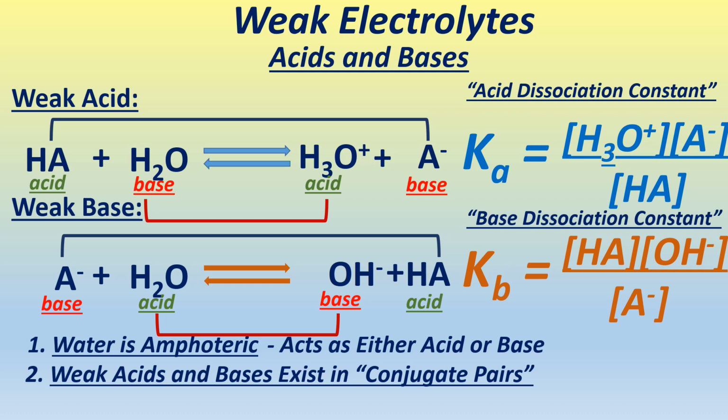Second important thing to note, therefore, is that weak acids and bases exist in what are called conjugate pairs. If something is a weak acid on the left-hand side of the reaction, it will turn into a weak base on the right, and vice versa. If it's a weak base on the left, it turns into the conjugate weak acid on the right.